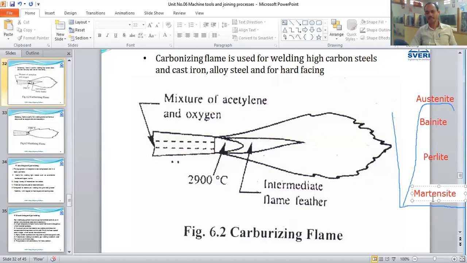When we heat this and we cool rapidly, it will not go to bainite and perlite. It directly reaches the martensite. And if such a process occurs, the material gets harder.